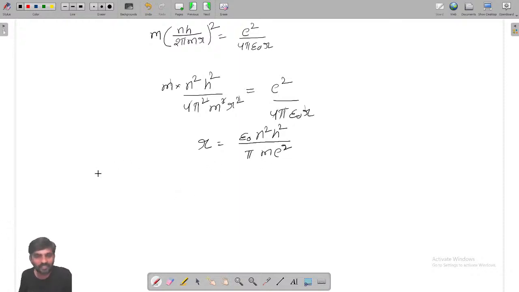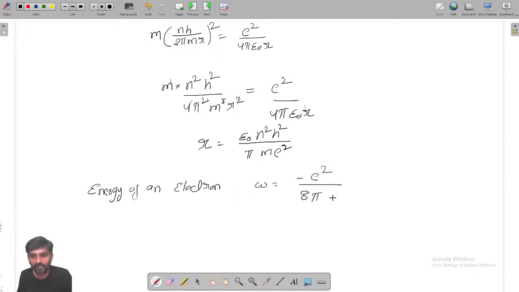But what is the energy of an electron? W is equal to, as we have derived, minus e square by 8 pi epsilon naught into r.